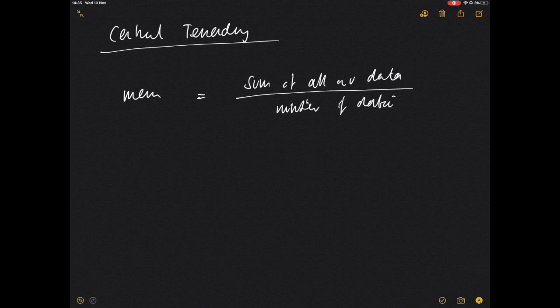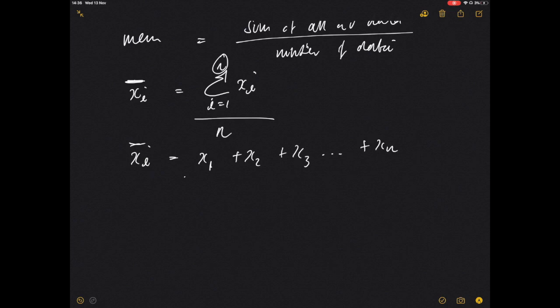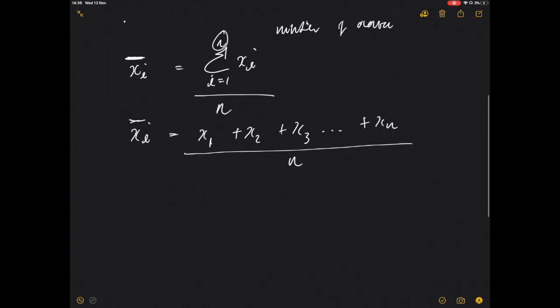Mathematically, if this is our data, xi, we put this overline, which is our notation to show it's a mean, x bar equals the sum from i equals 1 to n of xi, divided by our total number of data, n. If we were to expand this out, x bar equals x1 plus x2 plus x3 up to xn, all over n. Okay, so that's our mean.